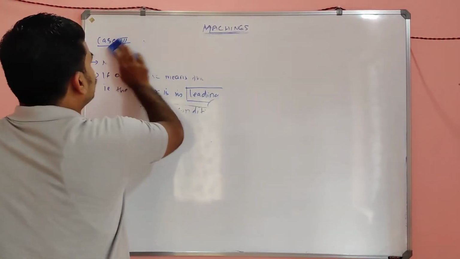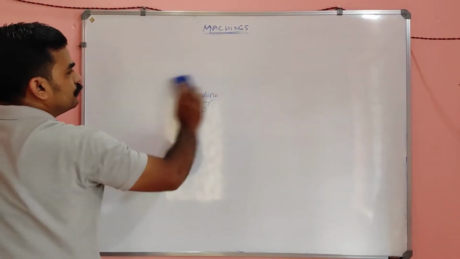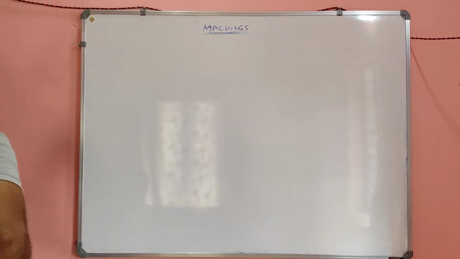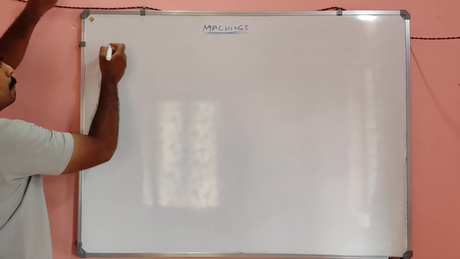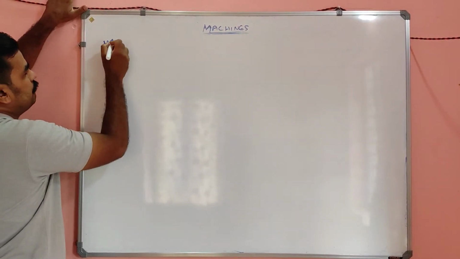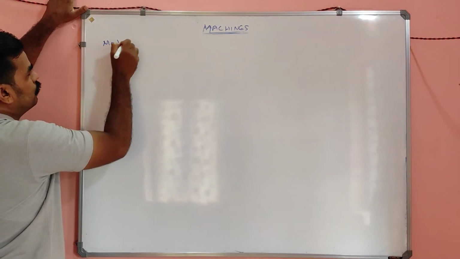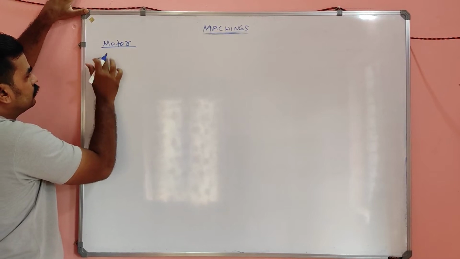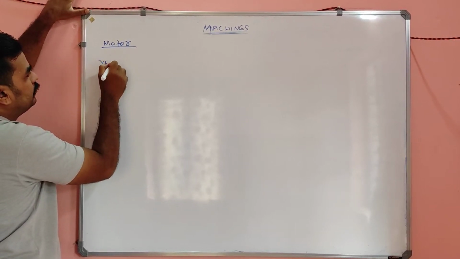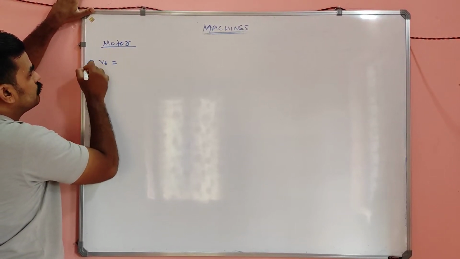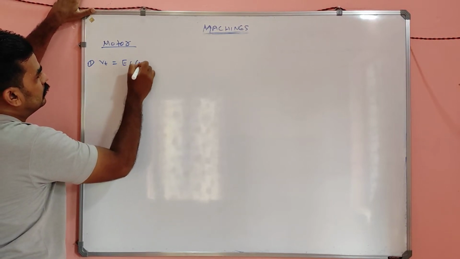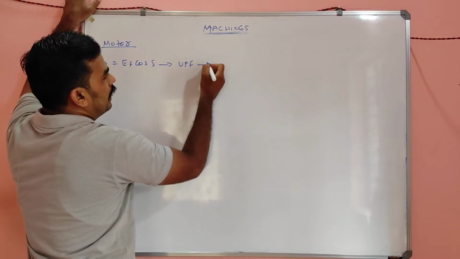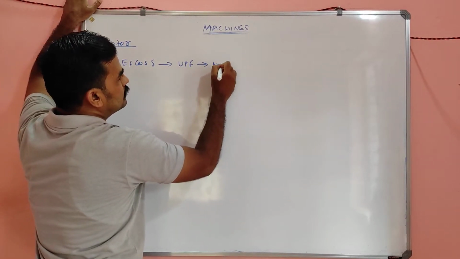As a conclusion, I will give you a table, my dear. First we will write for motor. For motor: Vt equal to Ef cos delta means UPF condition, and the machine is said to be normally excited.